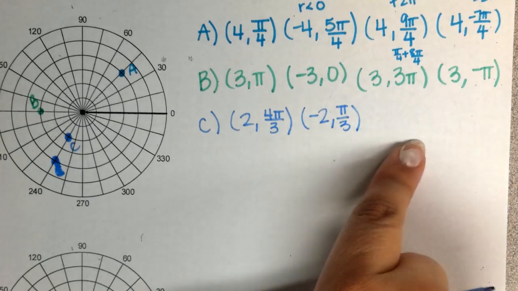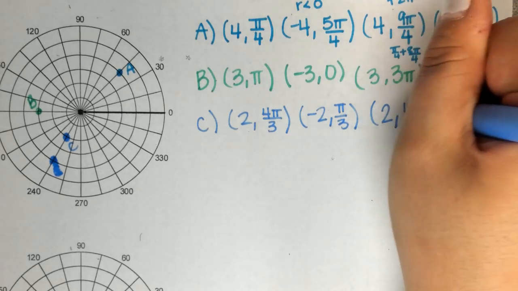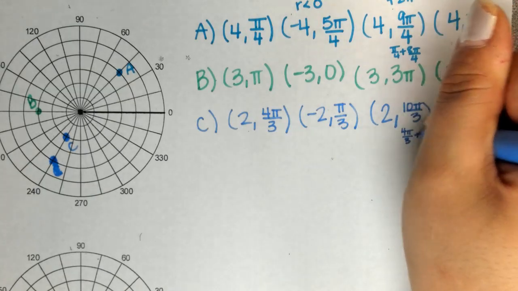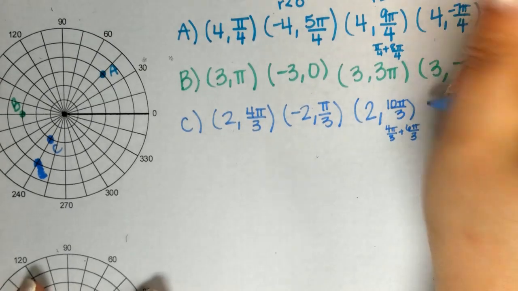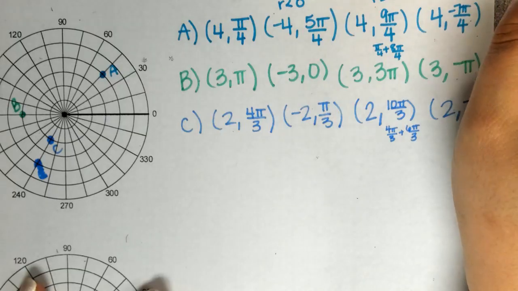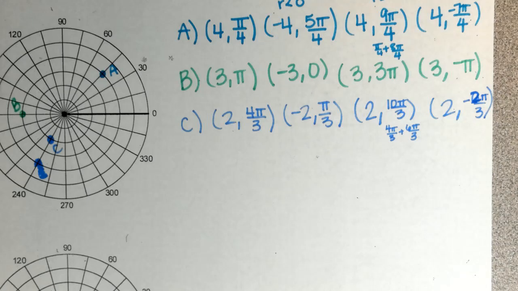If I add 2 pi to this, I'm going to get 10 pi over 3, because this time I'm adding 6 pi over 3 to 4 pi over 3. Remember, you're adding 2 pi, which is 6 pi over 3. And then last but not least, subtract 2 pi. And I get negative 2 pi over 3. Do y'all agree?